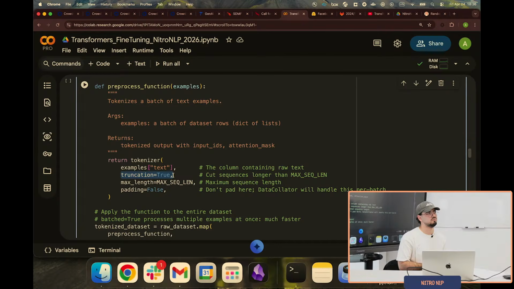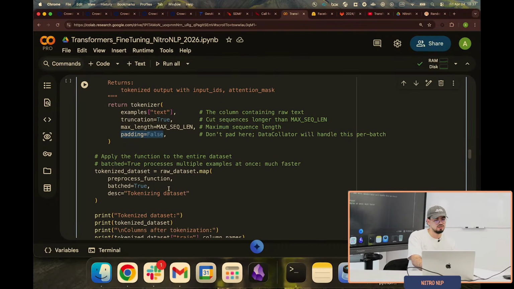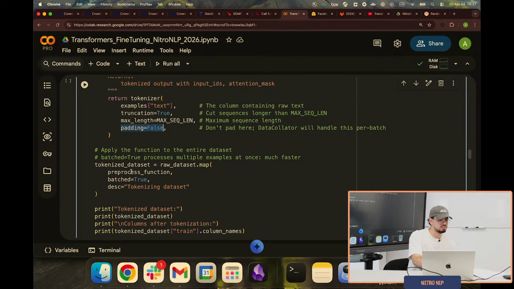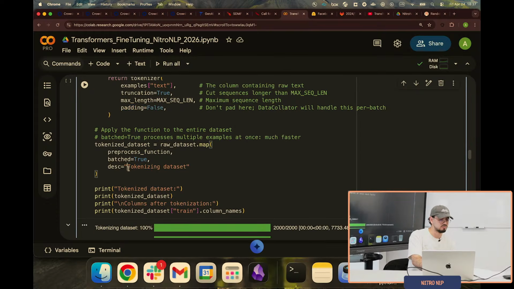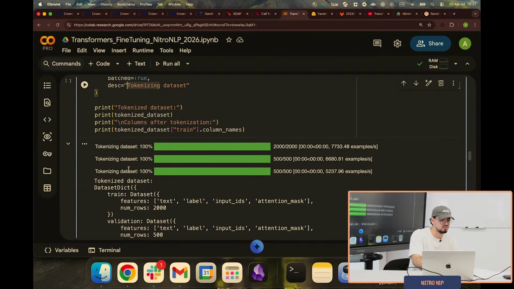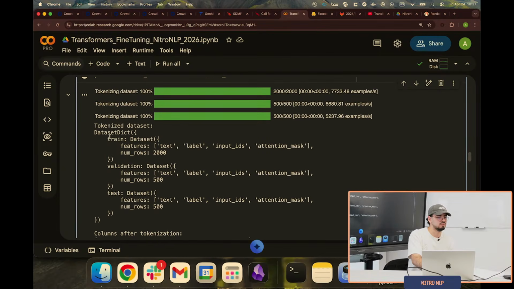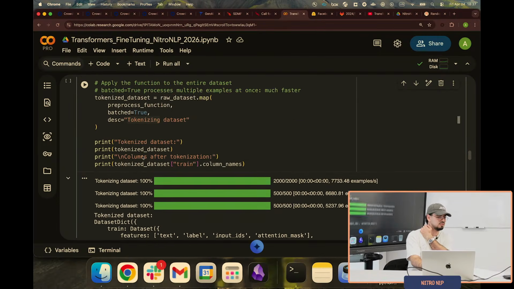It means that if we have something bigger than the max length, which we already defined as 128, it's gonna cut it, but hopefully not. And padding is false. We're gonna talk about padding in the next cell. We're gonna apply this function to the whole dataset. So basically, we're gonna tokenize the train dataset, the validation, and the test one.